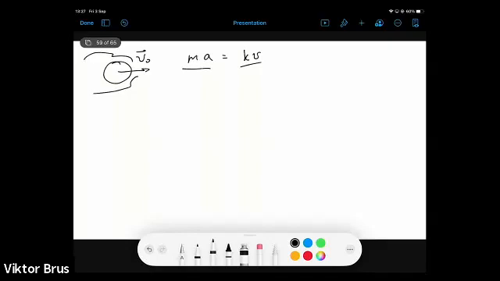And we cannot get exactly this acceleration because the drag force depends on v. And then we need to deal with some differential equation.